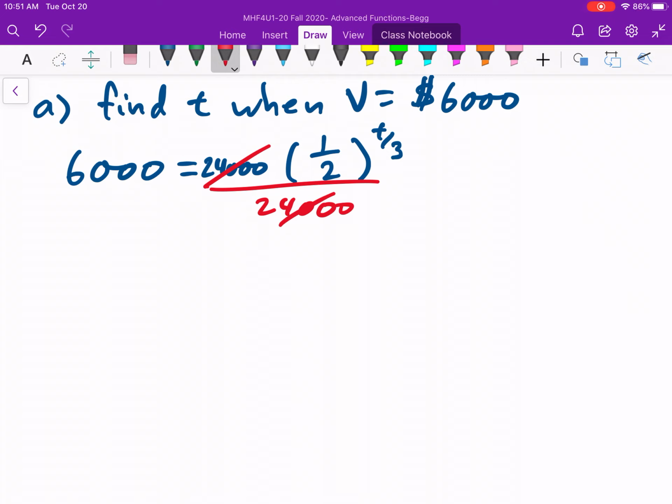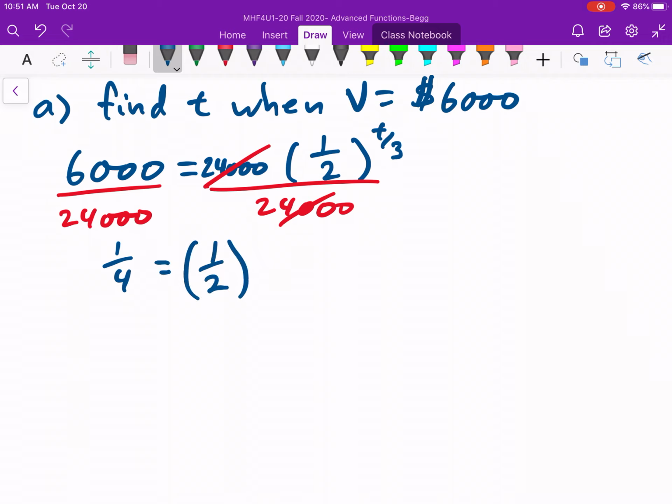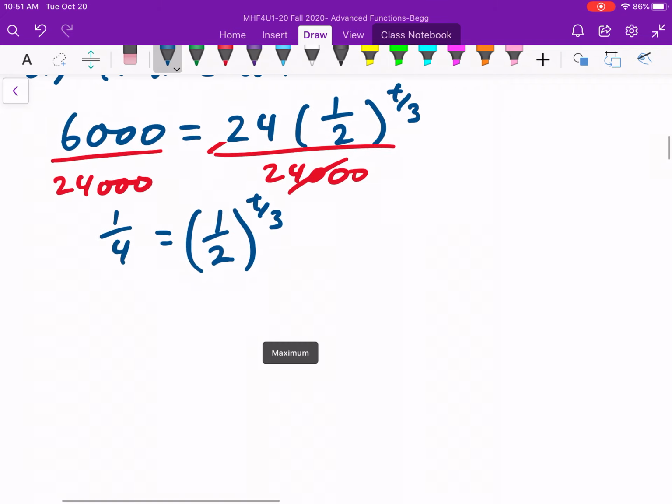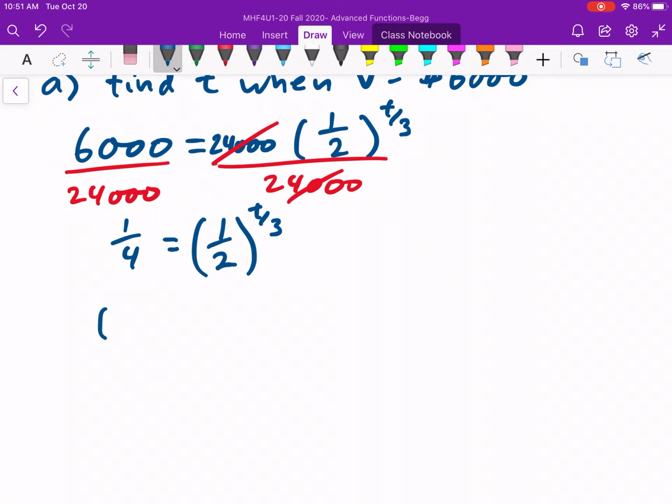So if I divide by 24,000 on both sides, what I get is 1/4 equals 1/2 to the t over 3. Now, I could get common bases, right? I could rewrite a quarter, for example, as 1/2 squared. 1/4 is the same as 1/2 squared.